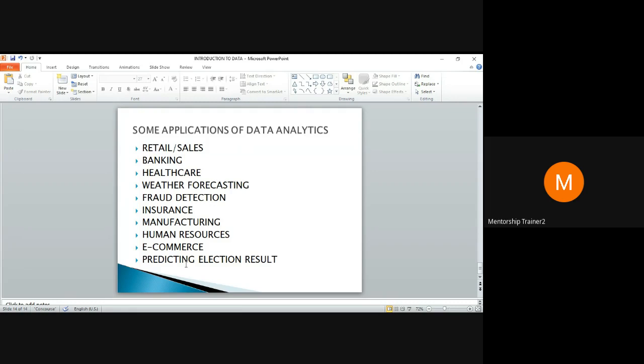So back to healthcare. You can use data analytics to predict diseases. You can use it to analyze patients' data. Maybe a good hospital that used to collect the health history of their patients. I'm not really a medical person, so I might be wrong with some numbers I will be using.